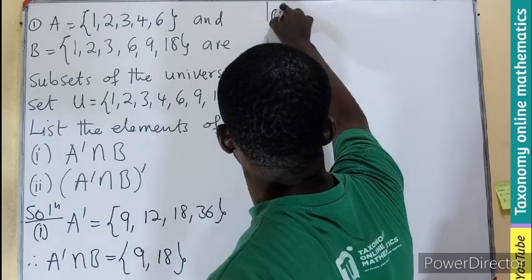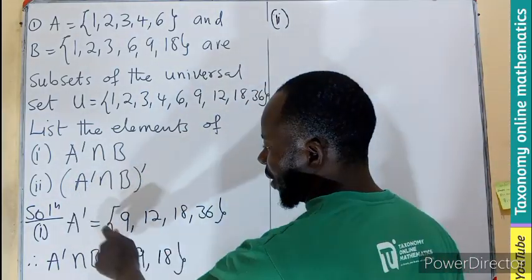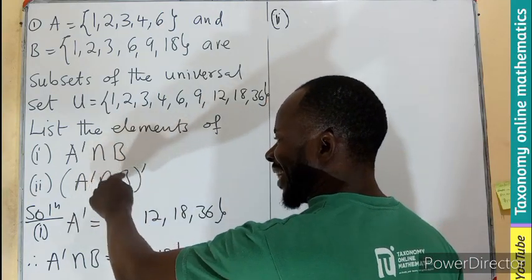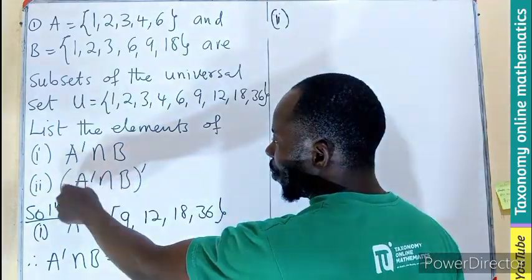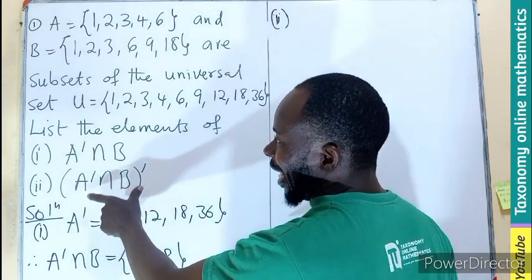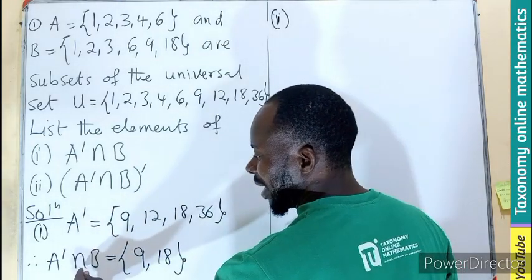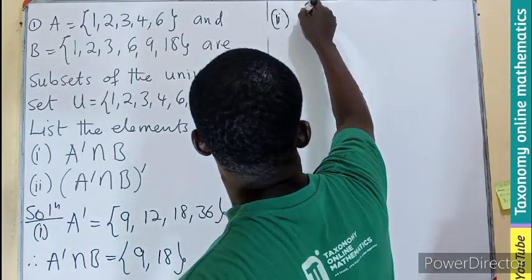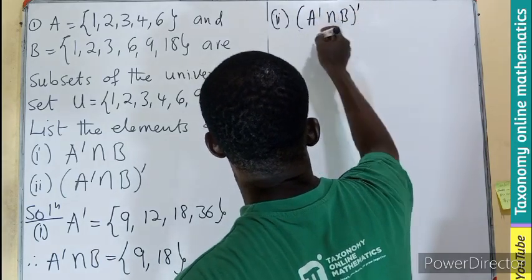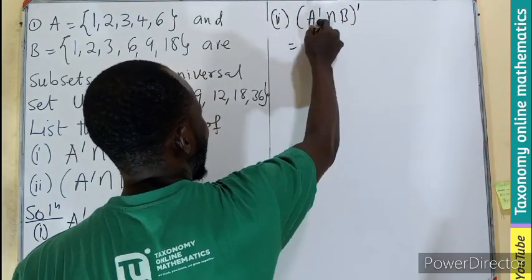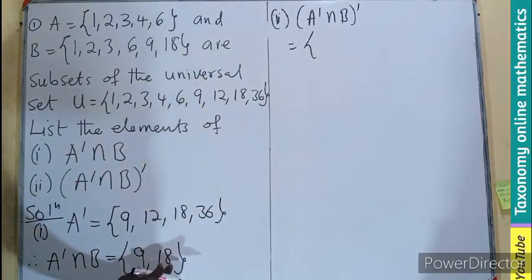For number 2, first things first, I think we have all we need. A complement is known. A complement intersection B is also known. So what is the complement of this? The elements in the universal set that are not found in A complement intersection B. So the complement of A complement intersection B is going to give us the set of all this minus this.